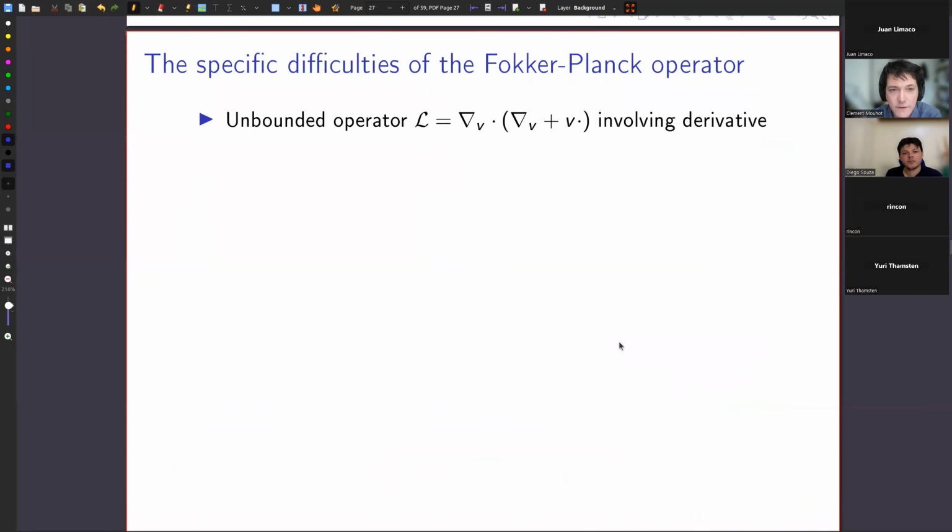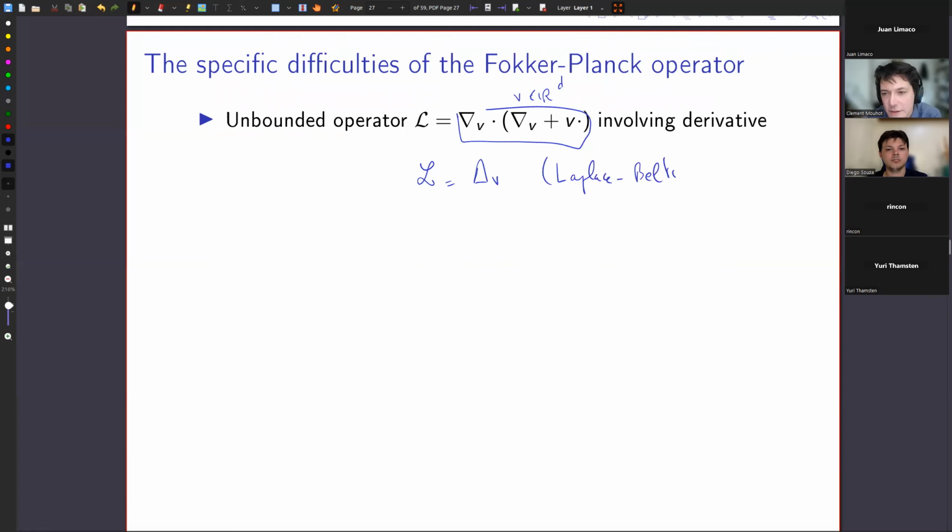Okay, so the specific difficulties with the Fokker-Planck operator now, which is really what I'm interested in. So you take L to have this form if you take velocities in R^d, let's say general d, or you take L to be the Laplace-Beltrami Laplacian, if you take the velocities to be evolving in the sphere.